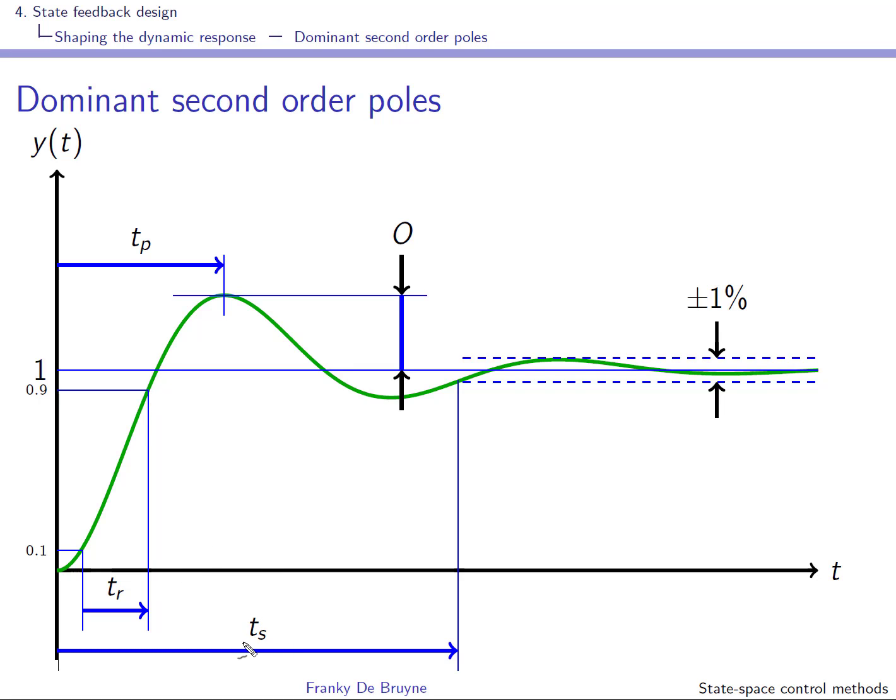TS is the settling time. It's the time that is needed for the step response to settle in a band of plus minus 1% of the final response. We'll use also sometimes the peak time, which is the time of the first peak, and then we'll have also the overshoot, expressed in percent of the final response.